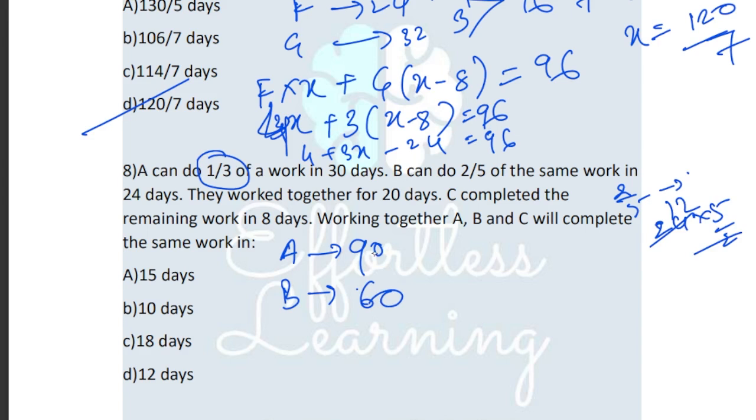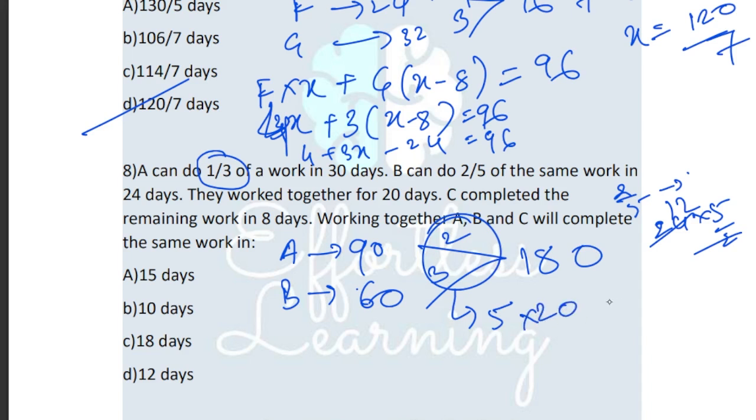Now they work together for 20 days. The total work will be 180, so A's efficiency is 2 and B's efficiency is 3. Combined their efficiency is 5 and they work together for 20 days, so 100 units of work are done.